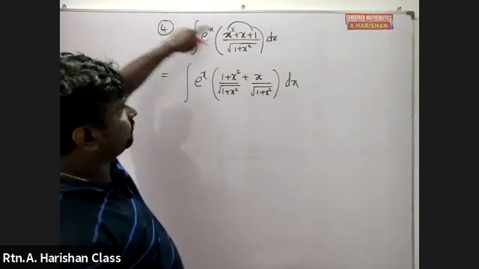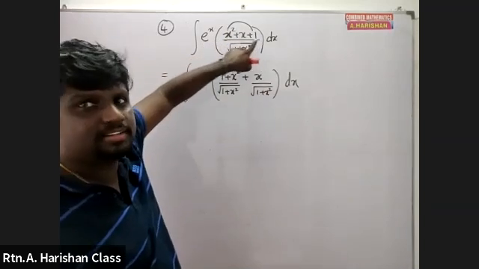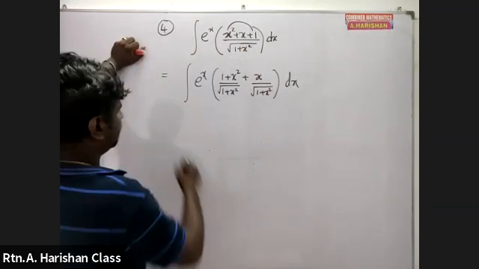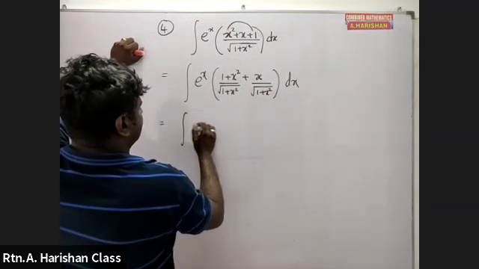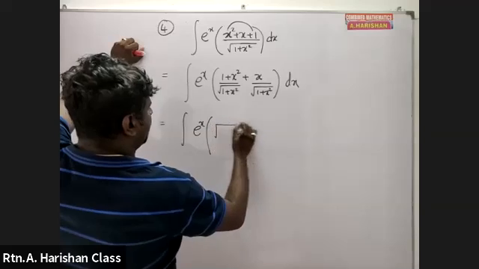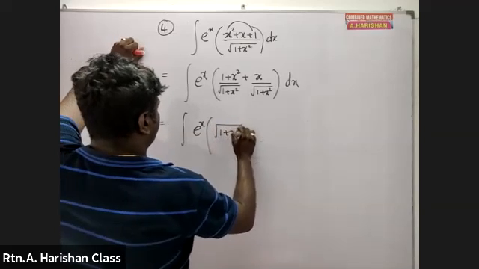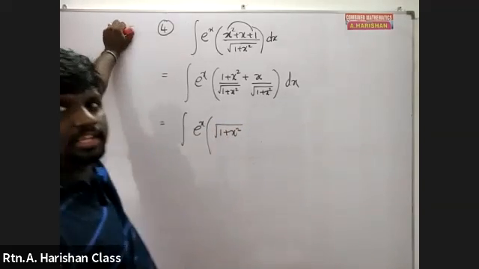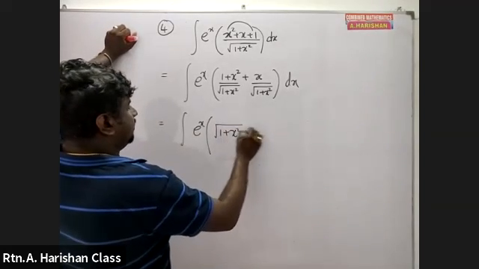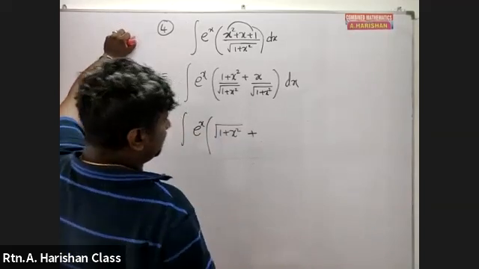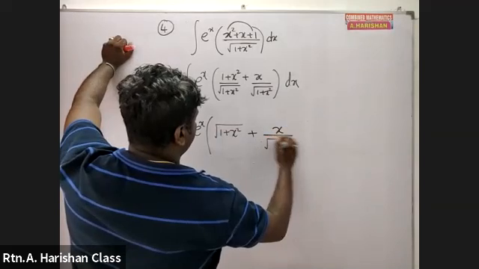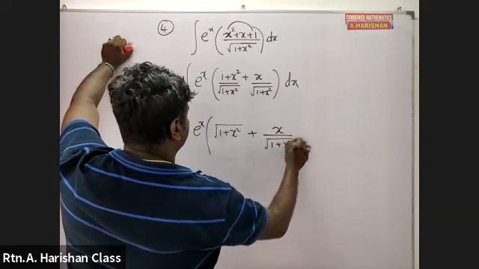I take x squared plus 1 and plus x, and I'm going to divide separately. So what will happen? This one I can write square root of 1 plus x squared, plus this one will be x over square root of 1 plus x squared.